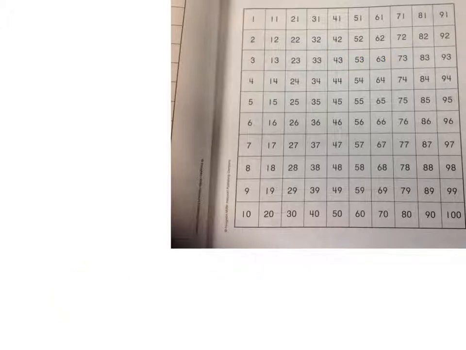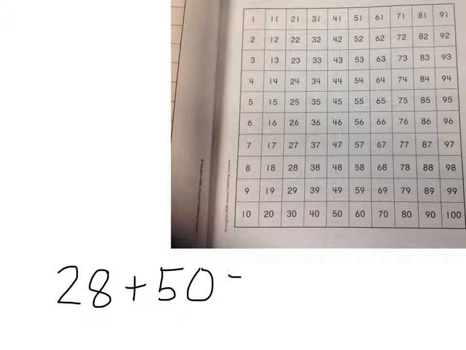Let's try one that's just a little bit harder. What if my equation was 28 plus 50? What would that equal? See if you can do this one by yourself. I'll wait for you. All right, friends, did you start at 28?